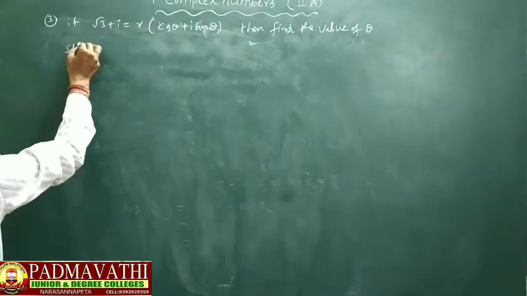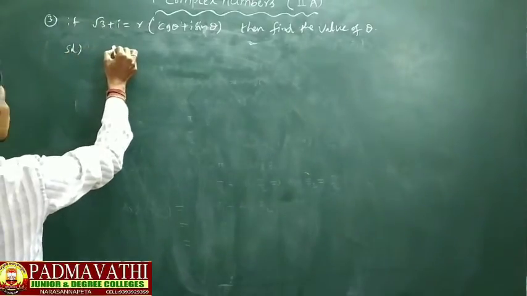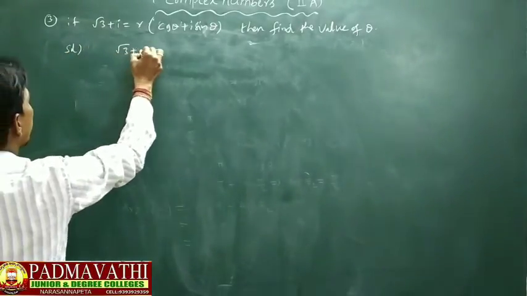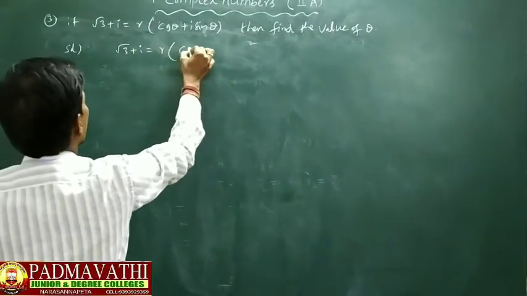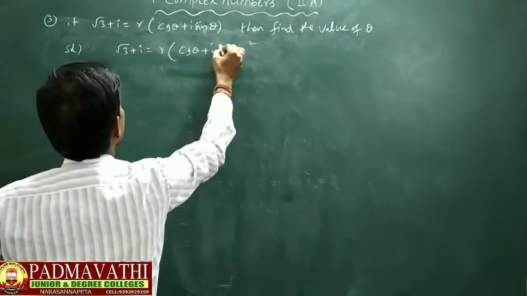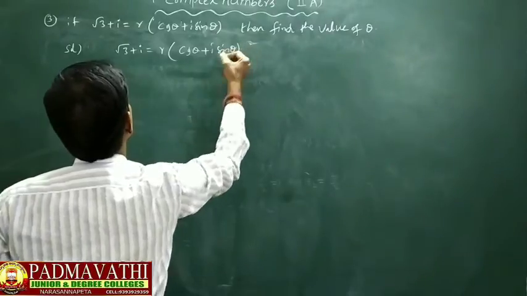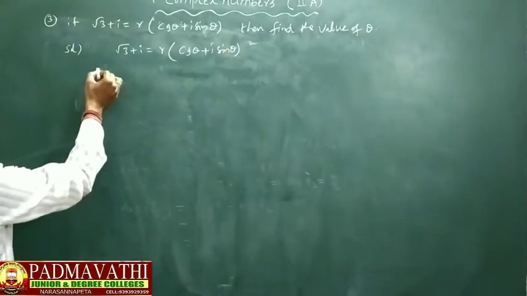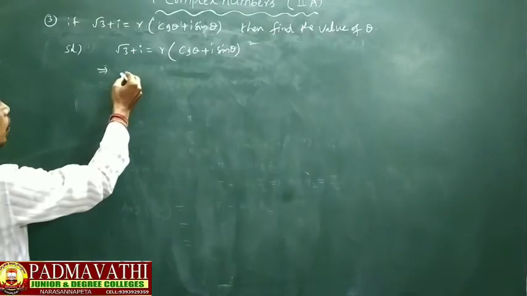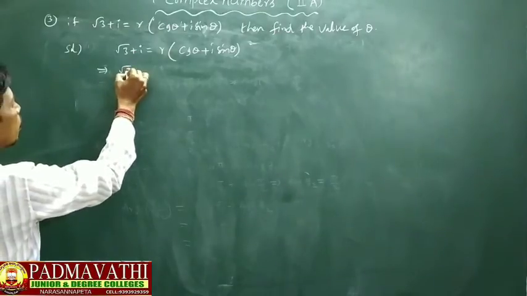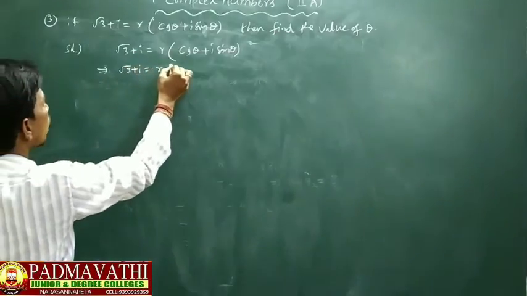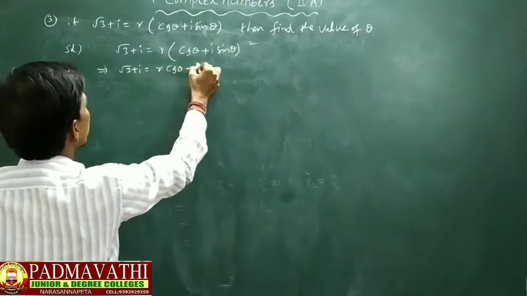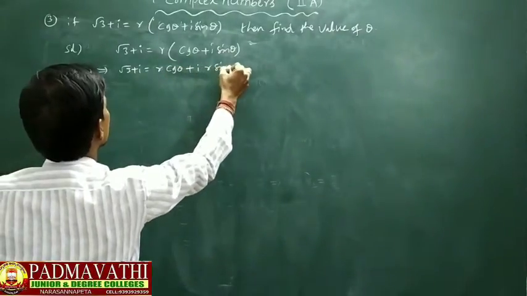Solution: root 3 plus i equals r into cos theta plus i sin theta. So comparing the real part, root 3 plus i equals r cos theta plus i into r sin theta.